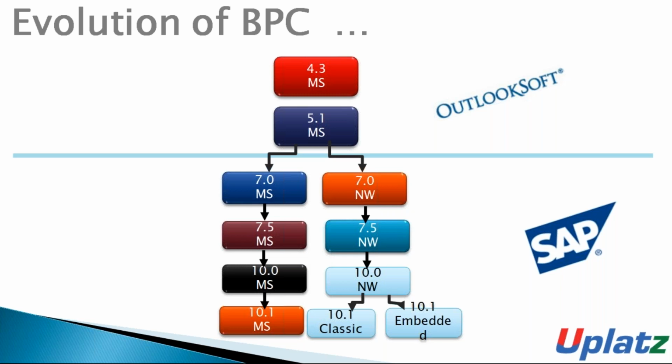Then SAP acquired OutlookSoft for planning and consolidation purposes. Apart from OutlookSoft, there are other tools like PeopleSoft and some other tool from IBM, which are also used for planning purposes, not for consolidation. When SAP acquired it, this BPC tool could be utilized for both planning and consolidation. That's why it gained more popularity than any other tool in the industry.